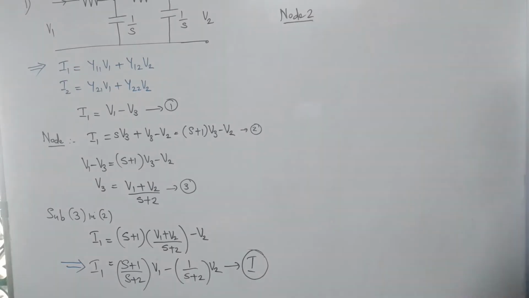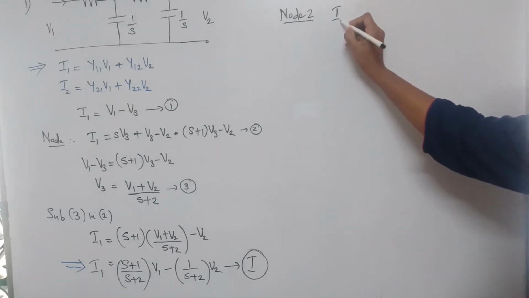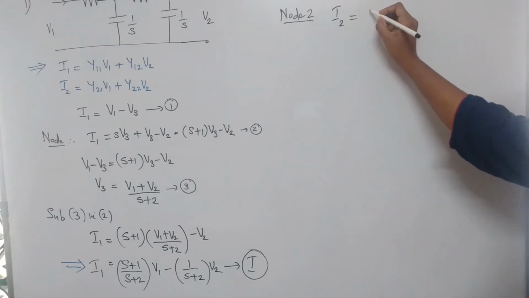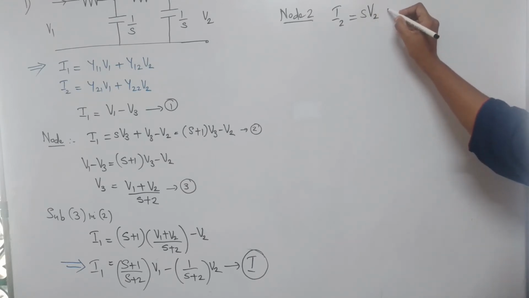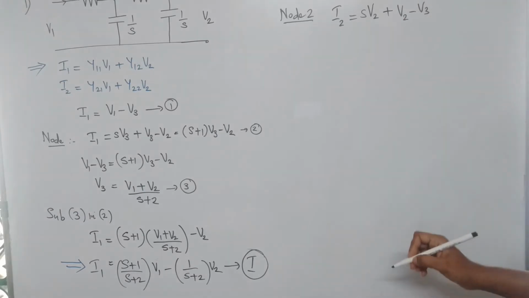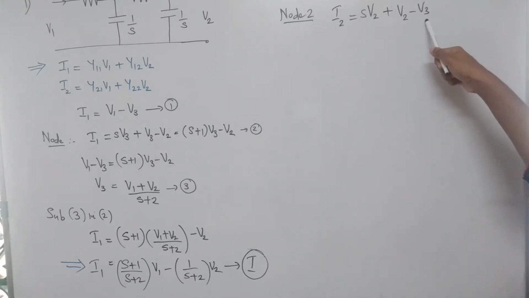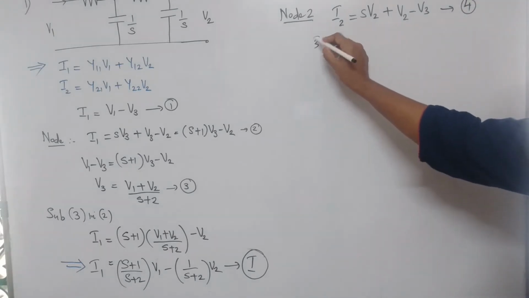For node V2, the equation will be I2 is entering, equal to V2 by 1 by S, that is S into V2, plus V2 minus V3. Now we can substitute for V3. This is equation 4. Put 3 in 4.